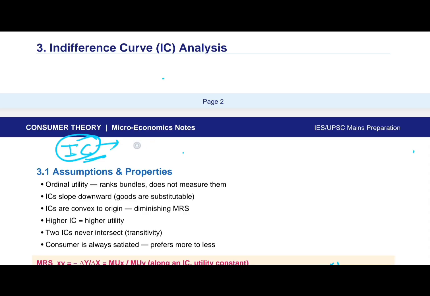Suppose we have a bundle with commodity X and Y in a combination of 10 and 8, and another bundle with the same commodities is 8 and 6, and bundle C is 4 and 10.